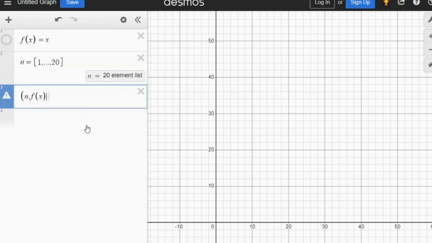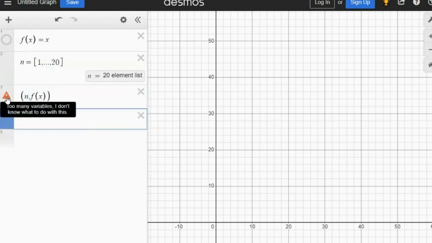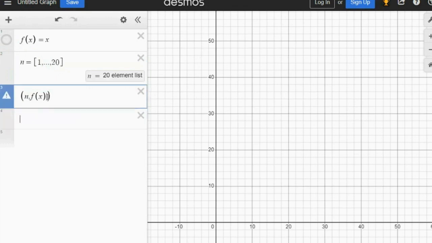F of x. Or did I do that right? Let's see. 20. It says I made a mistake there. Too many variables. I don't know what to do with this. I just did this yesterday. Is it capital N?